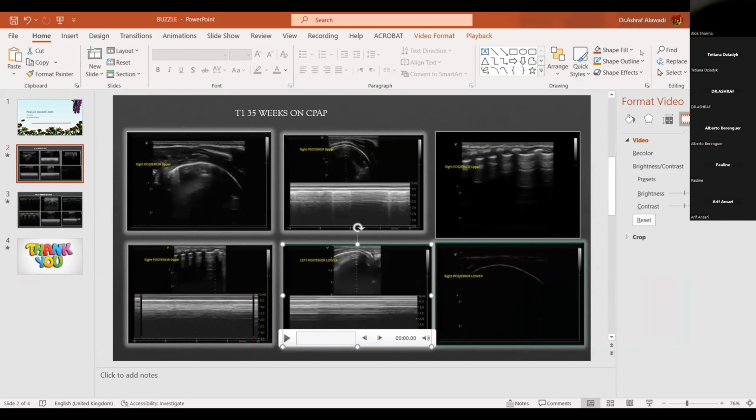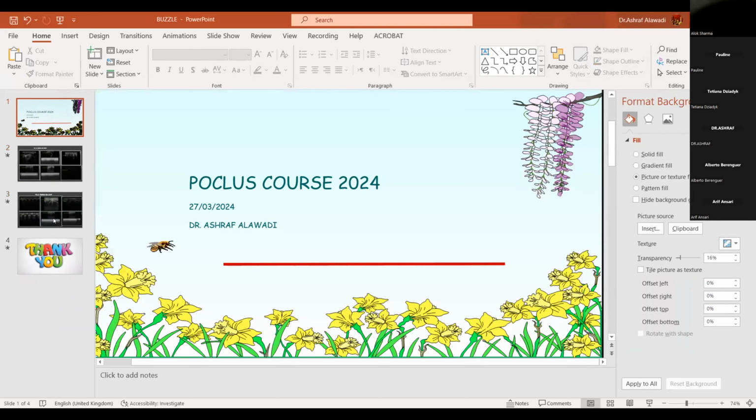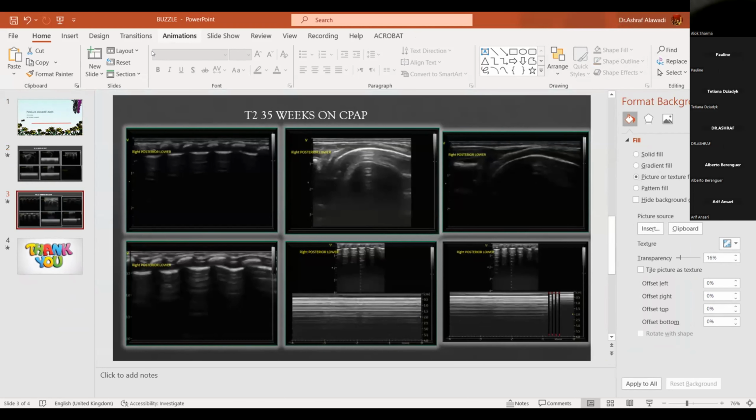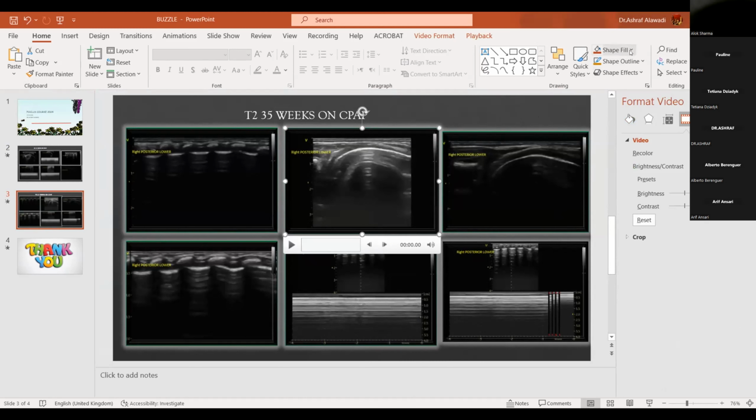So Pauline, you'll go next, and then Dr. Ashraf will share his other cases after you. Is that okay? Perfect. Thank you. Should I minimize the screen? What you can do, Dr. Ashraf, is are you able to play the top image?